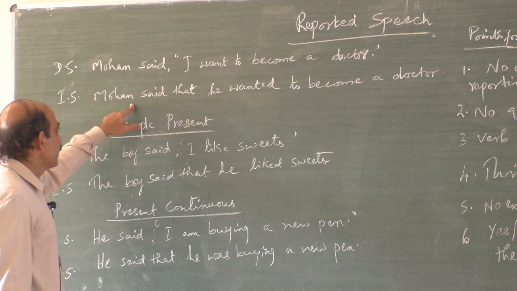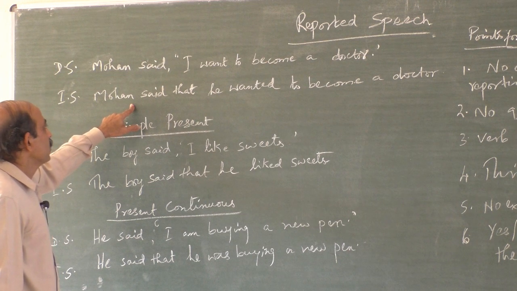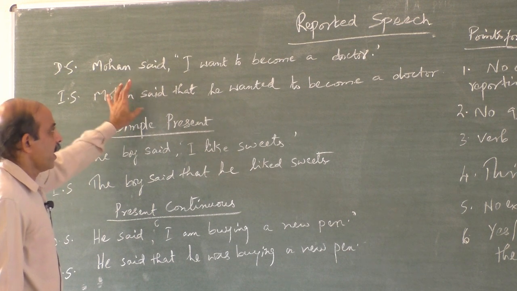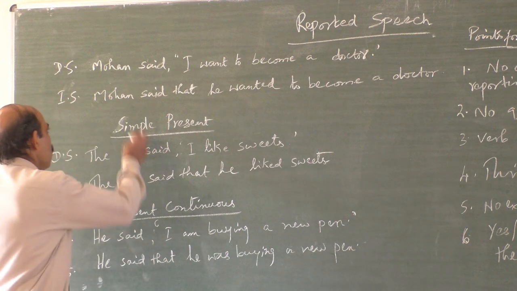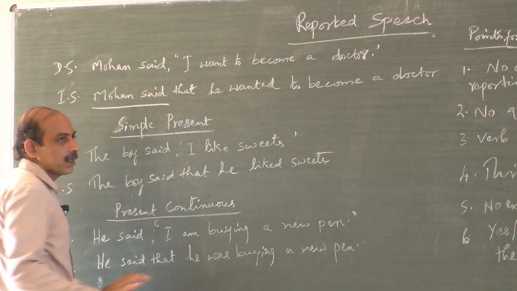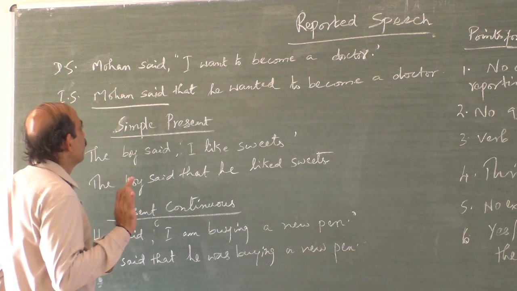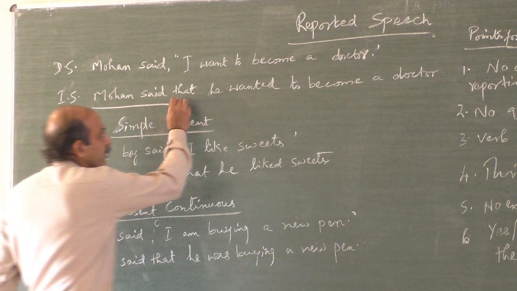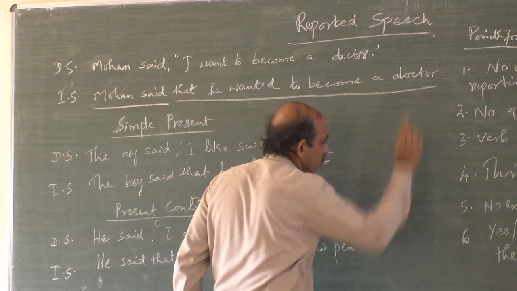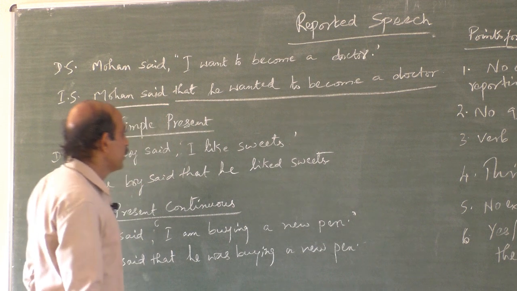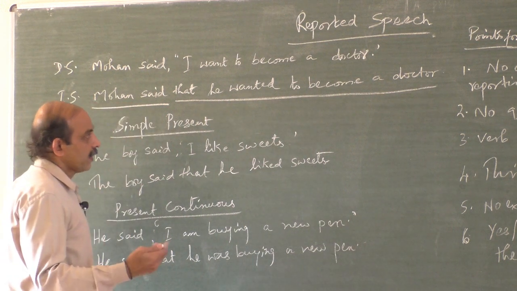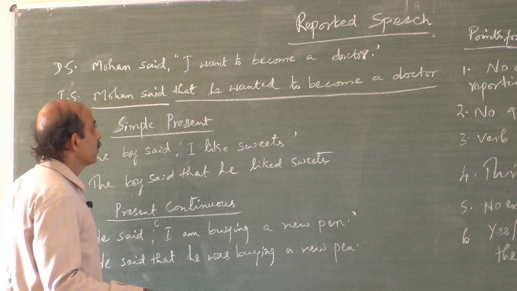Now, the second sentence, indirect speech, has a main clause and a subordinate clause. Mohan said is the principal clause, or main clause. That he wanted to become a doctor is the subordinate clause, or dependent clause.